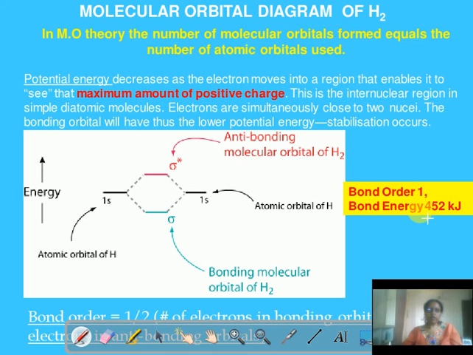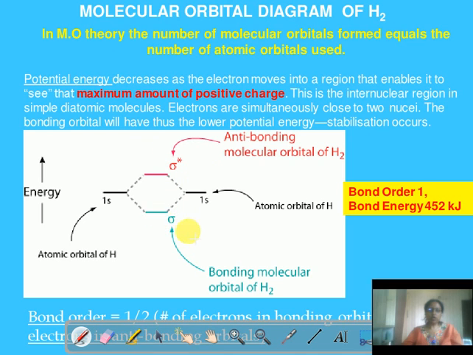If we see the molecular orbital diagram of H2, there are two 1s orbitals, and due to constructive interference there is a formation of the sigma bond, which is the bonding MO. Then due to destructive interference, there is a formation of the antibonding orbital, which we denote as sigma star.